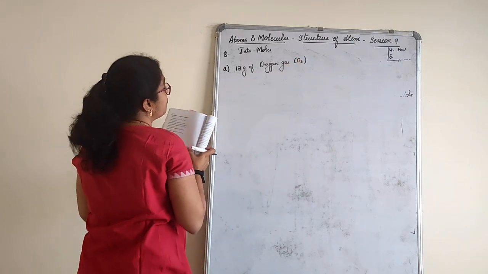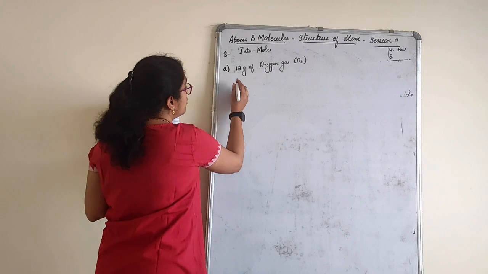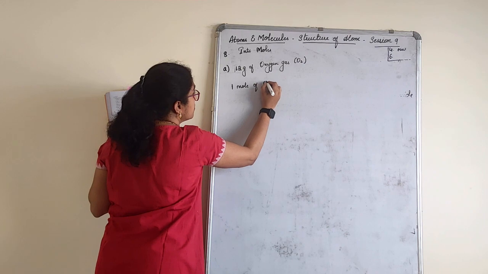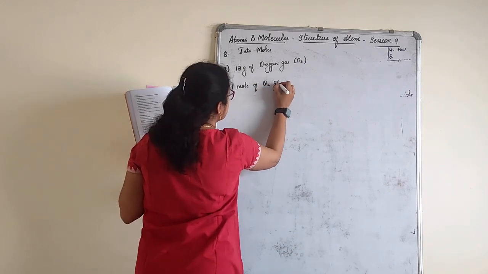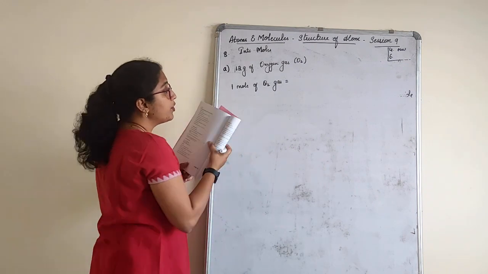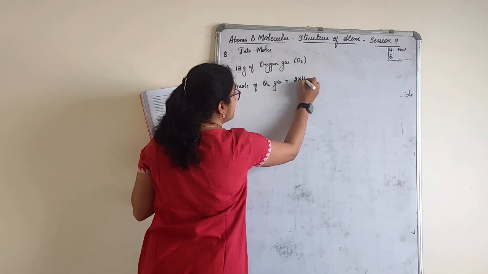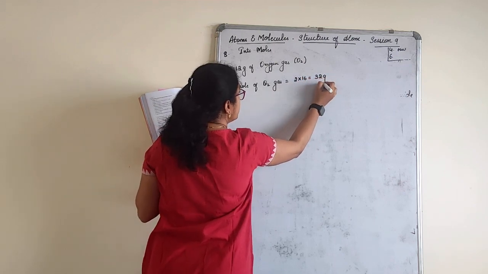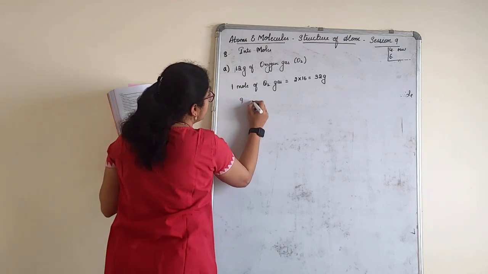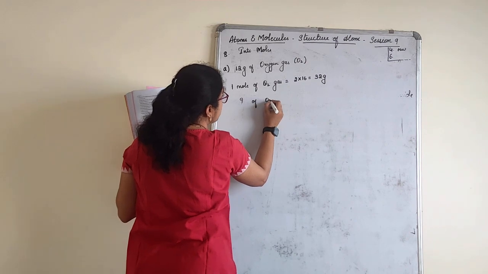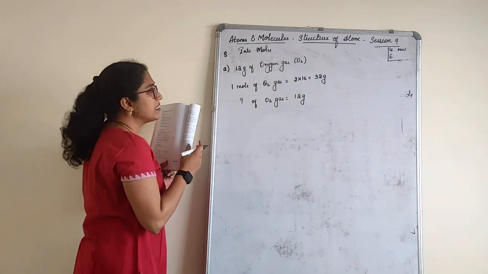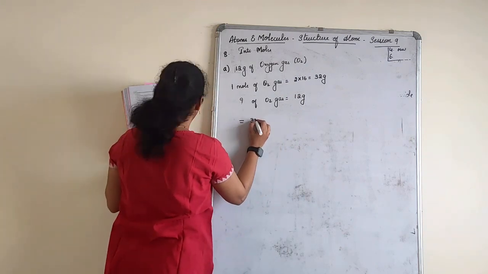So, first of all, 1 mole of oxygen gas is equal to how many grams? First let us find out. 1 mole of oxygen gas is equal to 2 into 16, that is equal to 32 grams. Into moles. Therefore, how many moles of oxygen gas is equal to 12 grams? Simple, cross multiplication. How will you do this? 32.